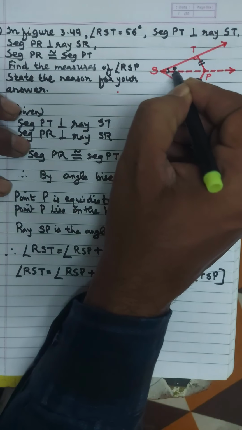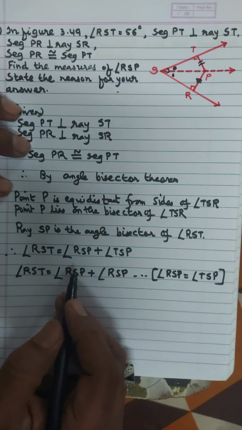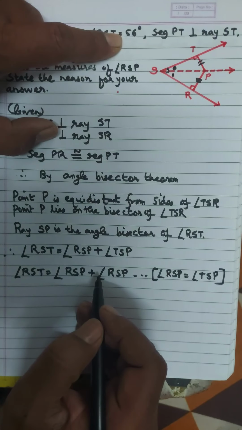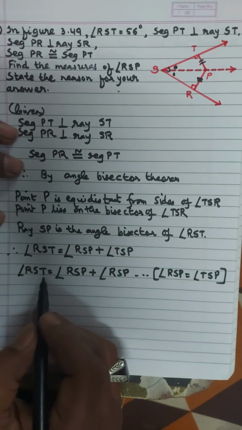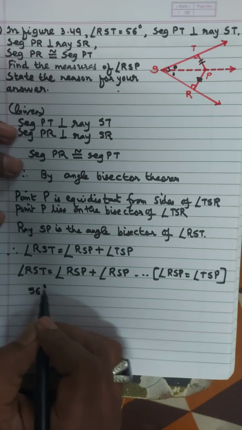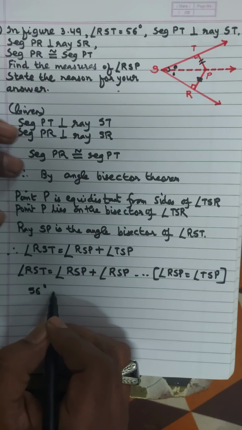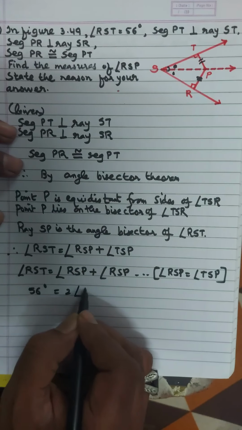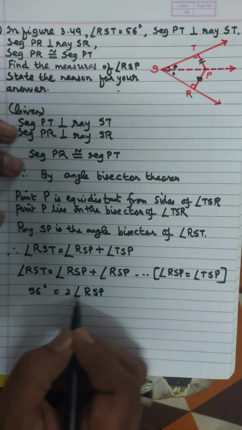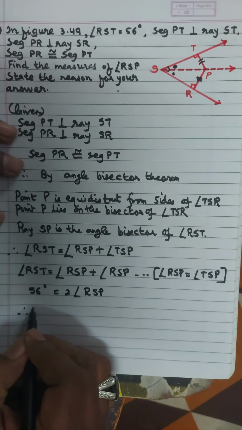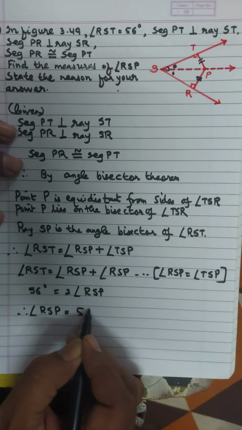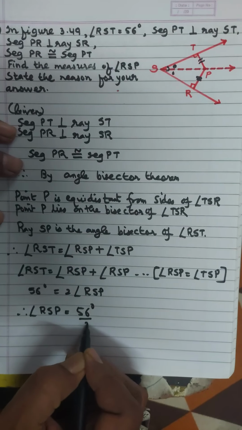Now we can give the identical sign for the angles also. Angle RST we have already given as 56 degrees. So 56 is equal to 2 times angle RSP, and we need to find angle RSP. So RSP is equal to 56 degrees divided by 2.